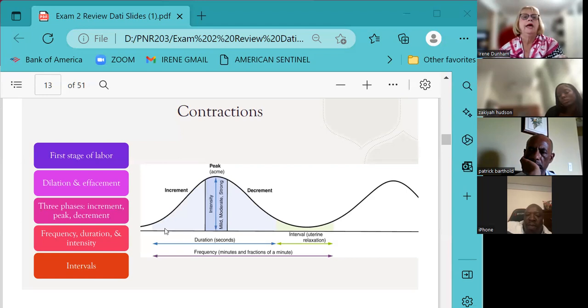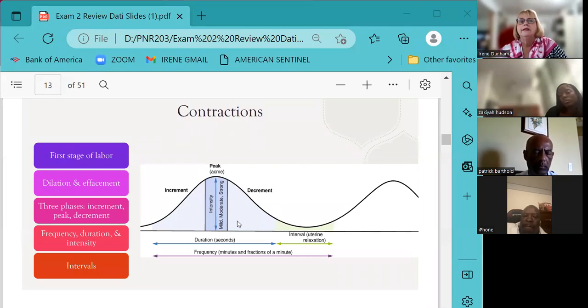Okay, so now we talked about the phases here. Now, I want you to know frequency. That means how often the contractions are coming. When I say they're coming every 2 to 3 minutes, that's frequency. Duration is how long the contraction is lasting.